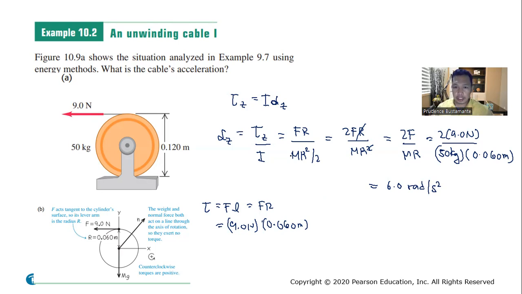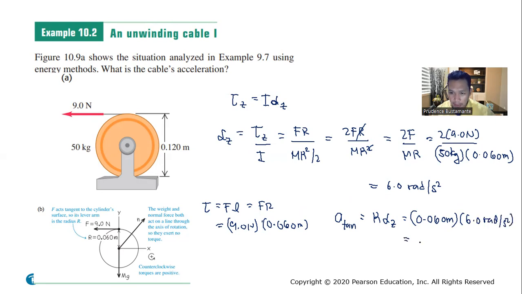If you are interested in finding the tangential acceleration, A tangential is just equal to R times alpha. So we multiply 6 by 0.06. We have 0.06 meter times 6.0 radians per second squared.